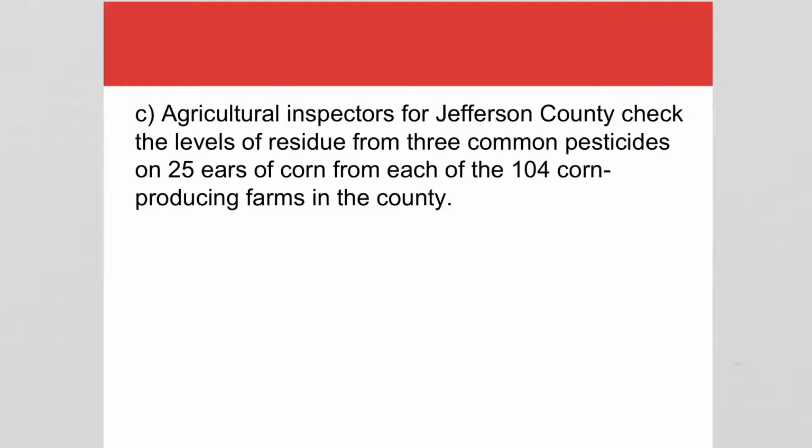Agricultural inspectors for Jefferson County check the levels of residue from 3 common pesticides on 25 ears of corn from each of the 104 corn-producing farms in the county. Back to this example. So what is this? Well, since this one breaks it up by farm, then we call it stratified.